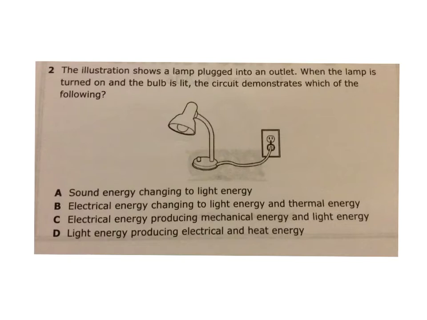Number 2. The illustration shows a lamp plugged into an outlet. When the lamp is turned on and the bulb is lit, the circuit demonstrates which of the following? A. Sound energy changing to light energy.